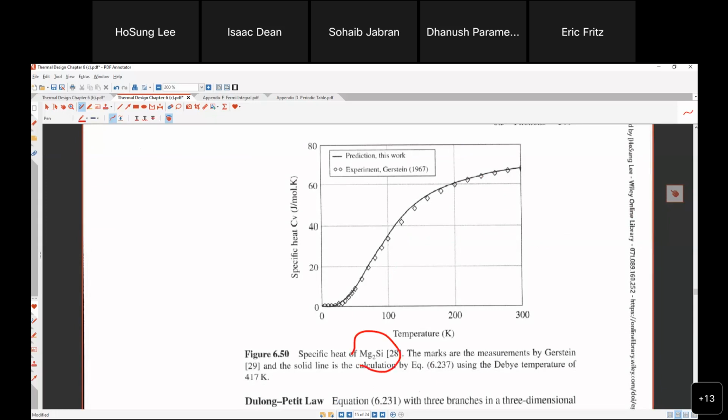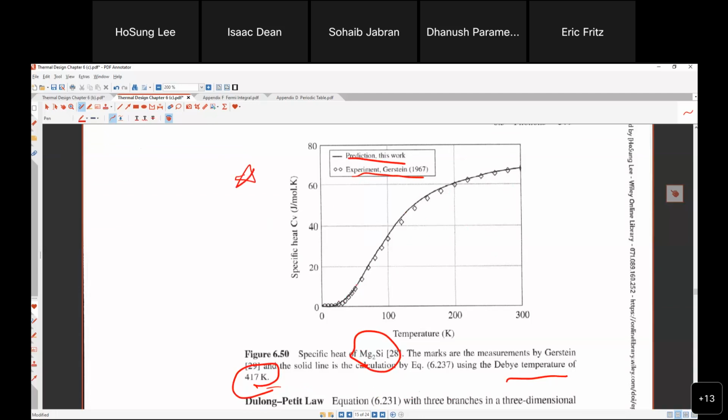I used the magnesium silicide experiment, and then just a prediction. The Debye temperature I got, 114, and the measurement I got from literature. And look at that. The prediction and the measurement are so good.